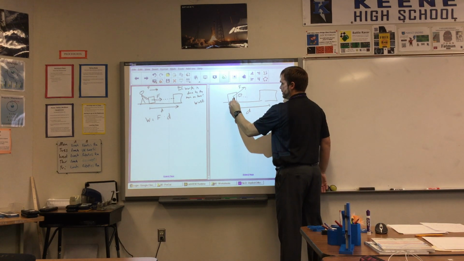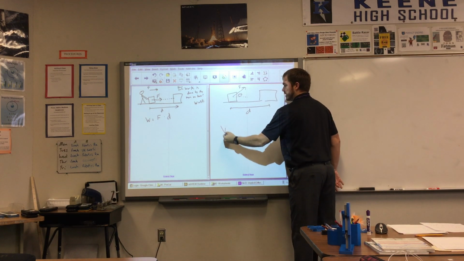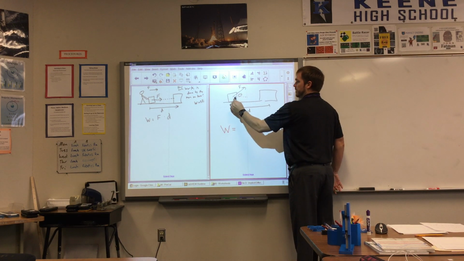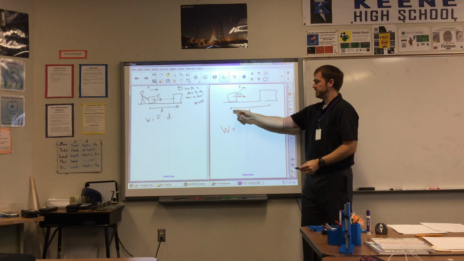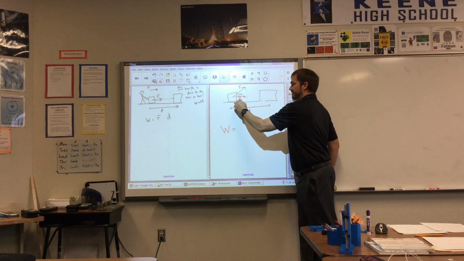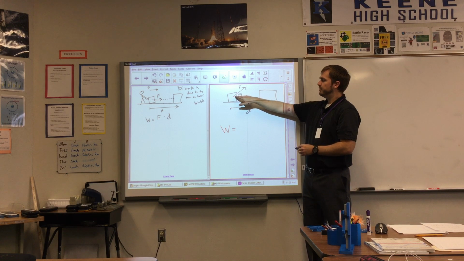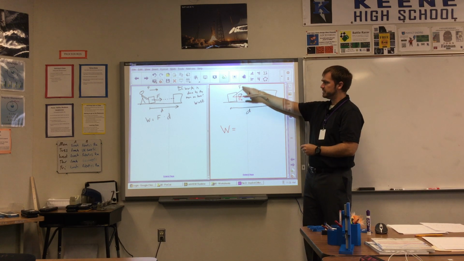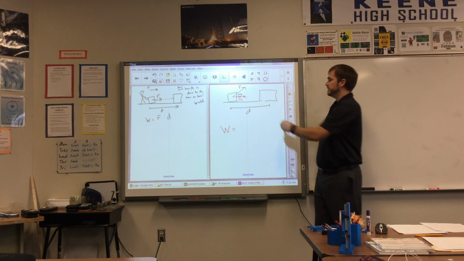And the formula is that work is equal to the force that is in the same direction as the displacement vector. So it's this guy right here, which we will call Fx. It's the component of the force that is in the direction of the displacement.